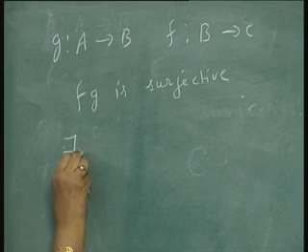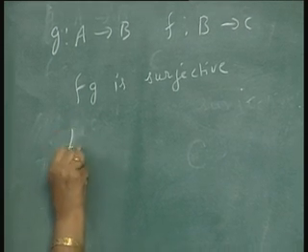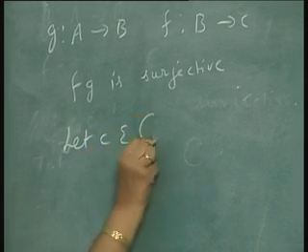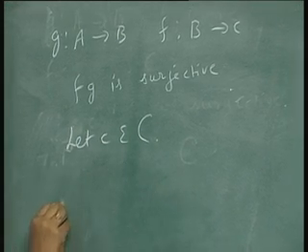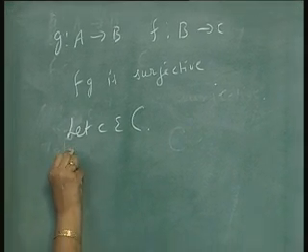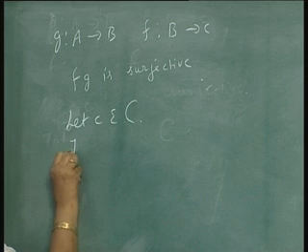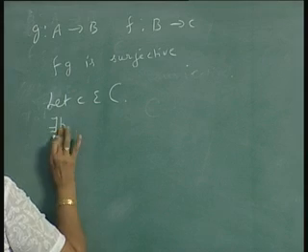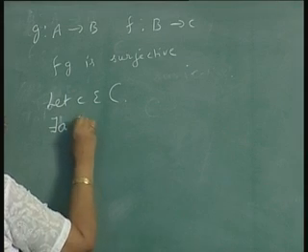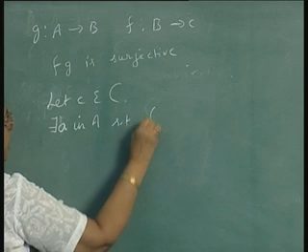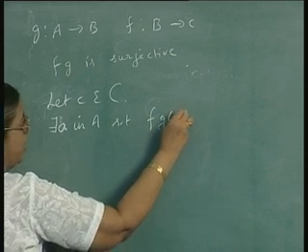Let c belong to C, then what happens here? There exists an a in A such that fg(a) is equal to c.